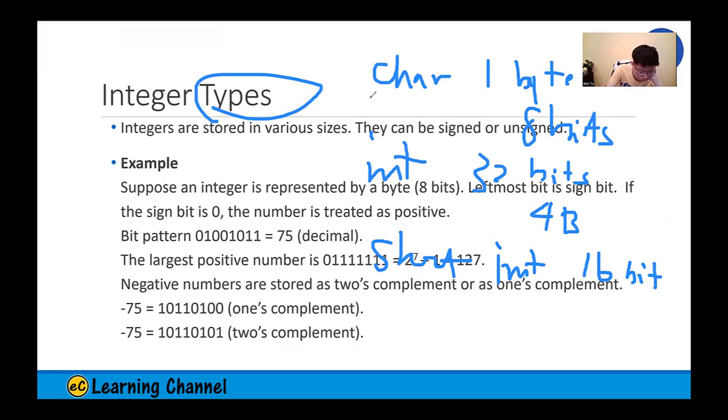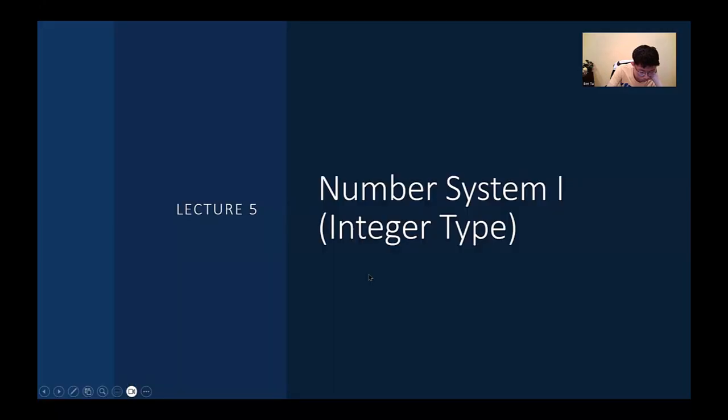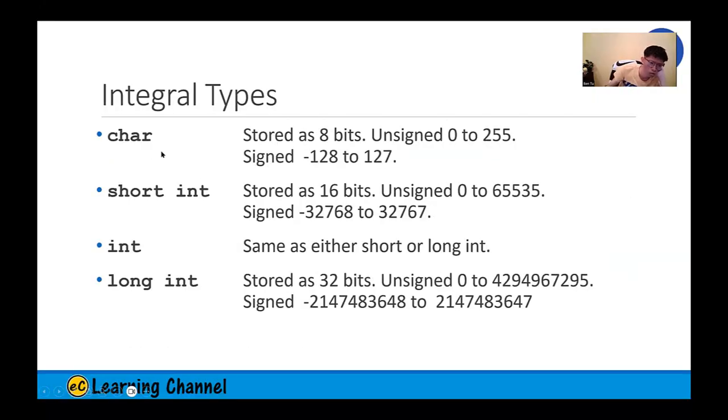And then you also have the signed and unsigned. Okay, you also have the signed and unsigned. So, yeah, question? No. So here you do not have a long. Instead of long, you have a long integer. In Java, it's called long. Here we call it long integer.